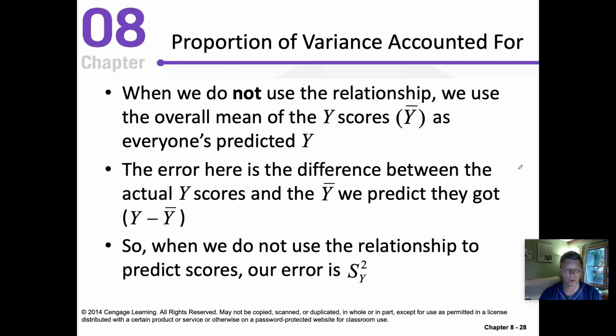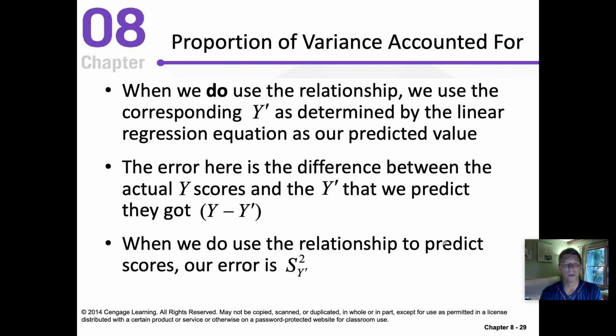So in other words, y minus the average y. And so when we do not use the relationship to predict the scores, our error is going to be s squared, or the variance.